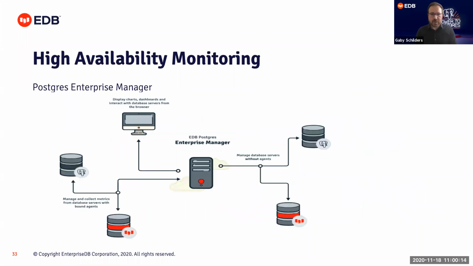To that end, it has its own infrastructure. It can monitor these systems through the agents installed, or it can do it agentless. But in the end, it stores the information so that you don't just have a very current view of your infrastructure, but you can also look back over the history of what was going on and get insight.